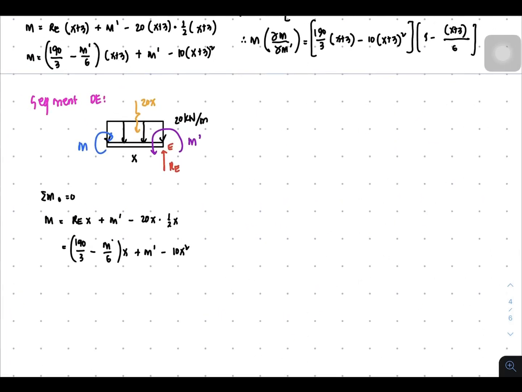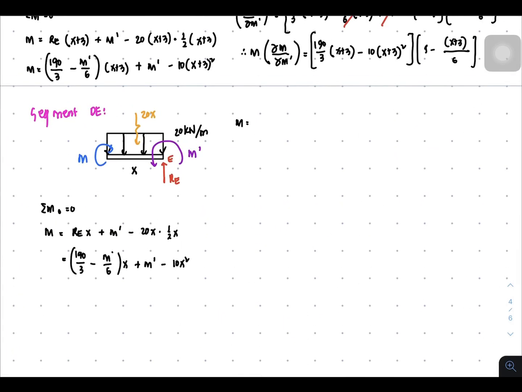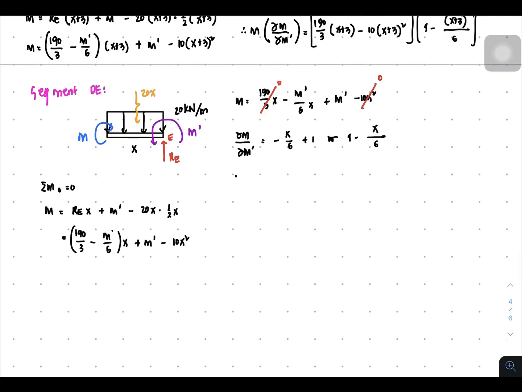And simplifying further, the moment equation is equal to 190 over 3 x minus M prime over 6 x plus M prime minus 10x squared. And those with no M prime, set them to 0 first for the meantime. So now the partial derivative of the function is negative x over 6 plus 1, or that's 1 minus x over 6.